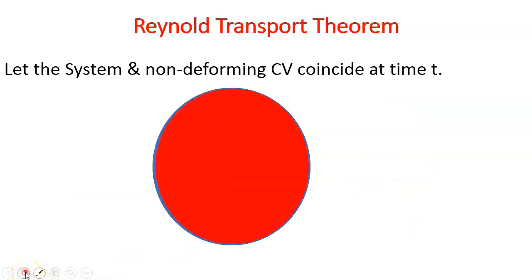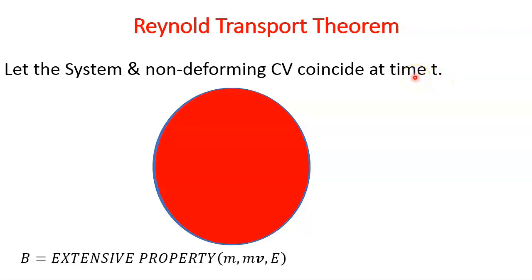Now let us begin our discussion with the state that system and the non-deforming control volume coincide at some point of time, say t. Now here the extensive property capital B is mass, momentum or energy. All these quantities we consider for writing conservation principle.